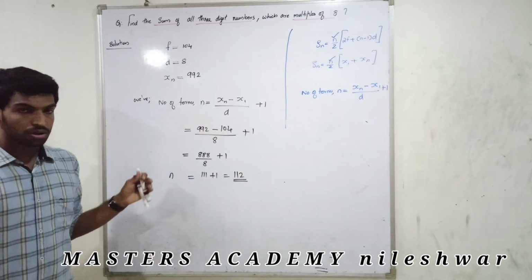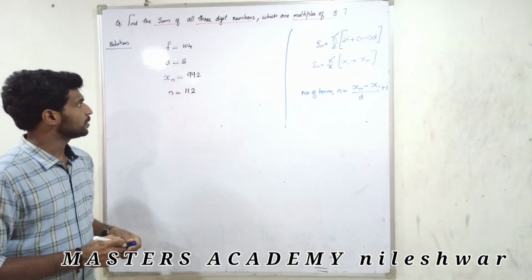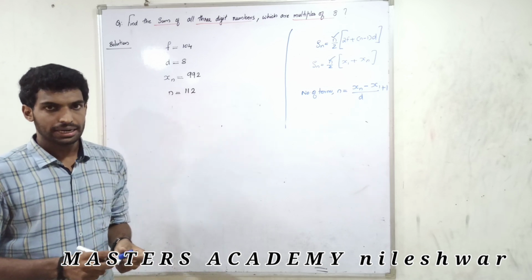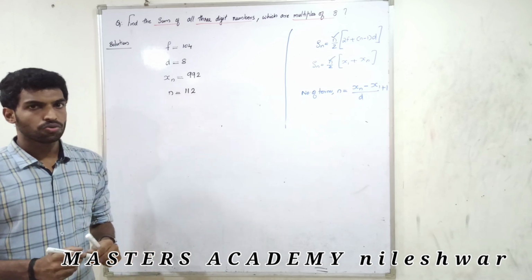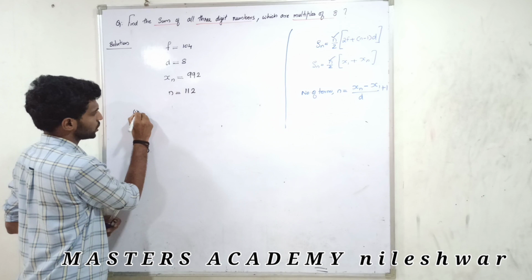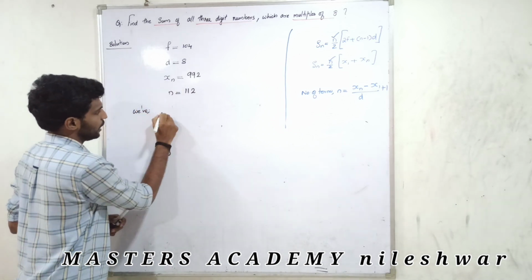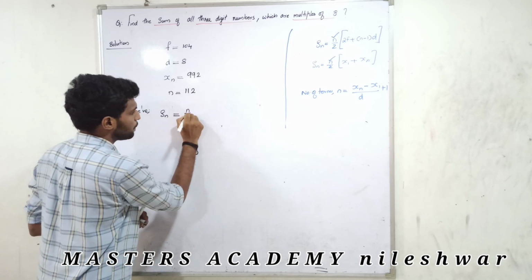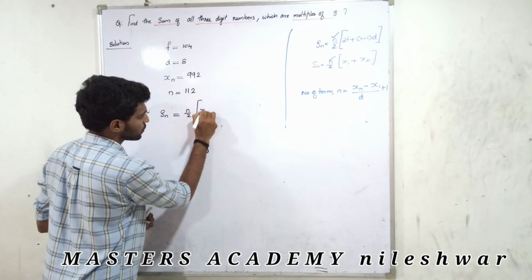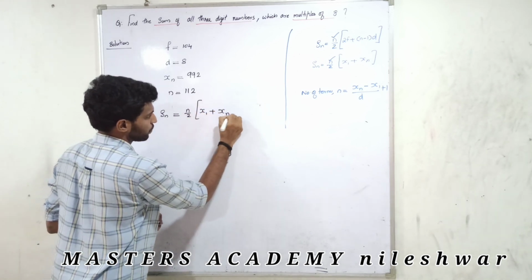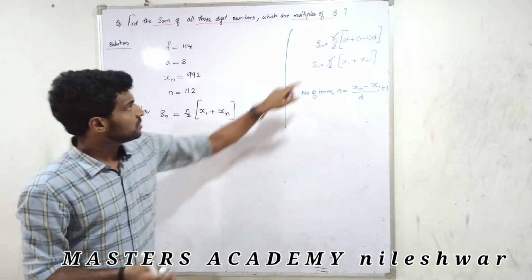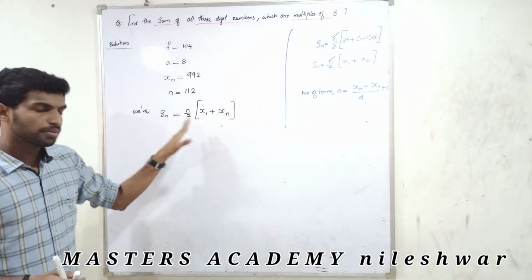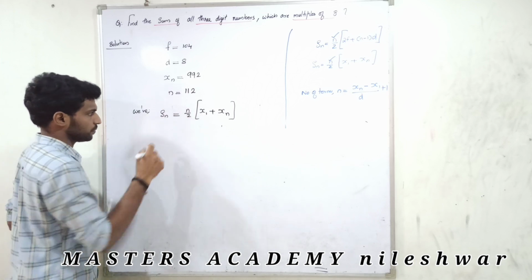We have f equal to 104, d equal to 8, xn equal to 992 and n equal to 112. Now Sn, the sum of first n terms, equals n by 2 into (x1 plus xn). You can use this equation also, and for the time being I am using this one.